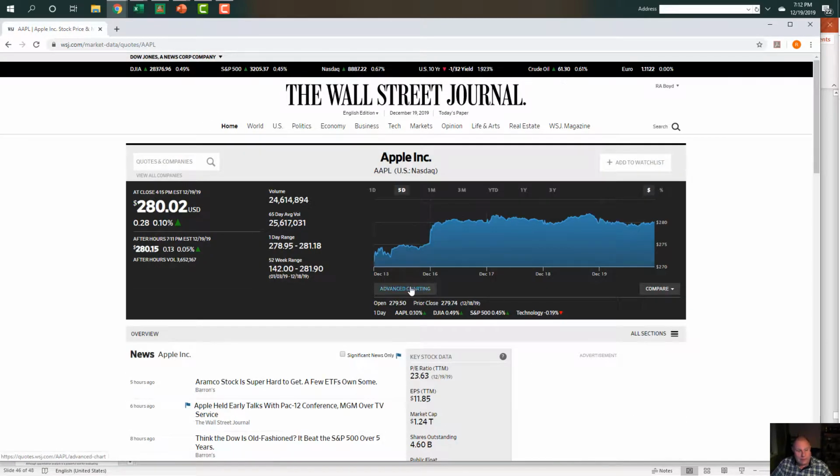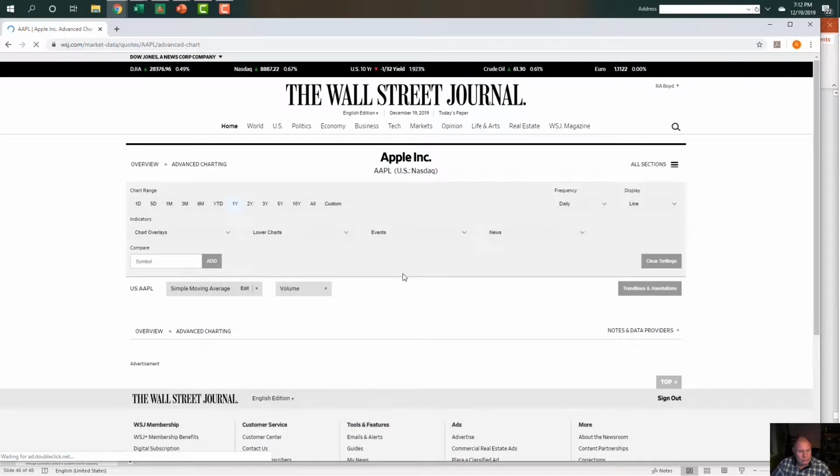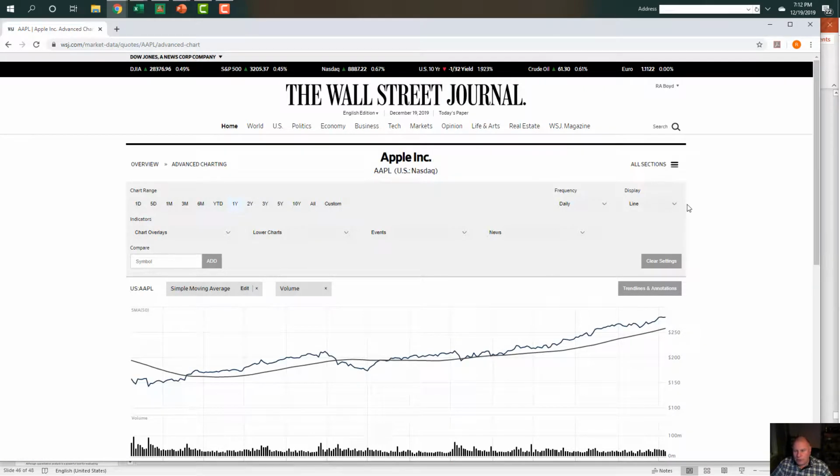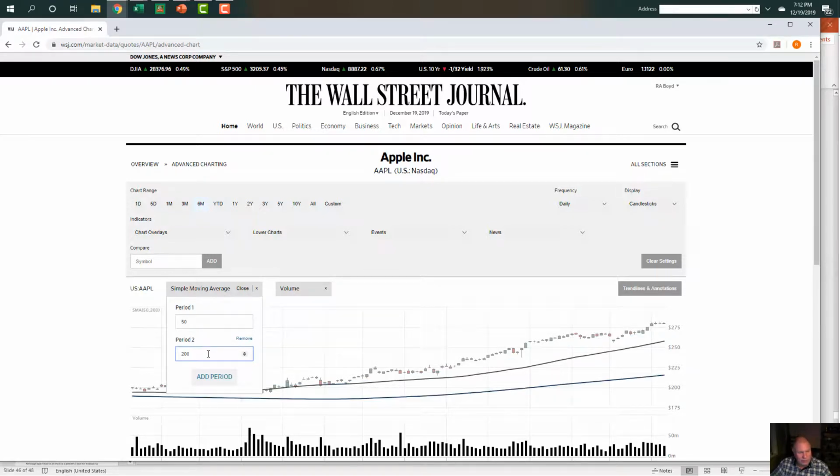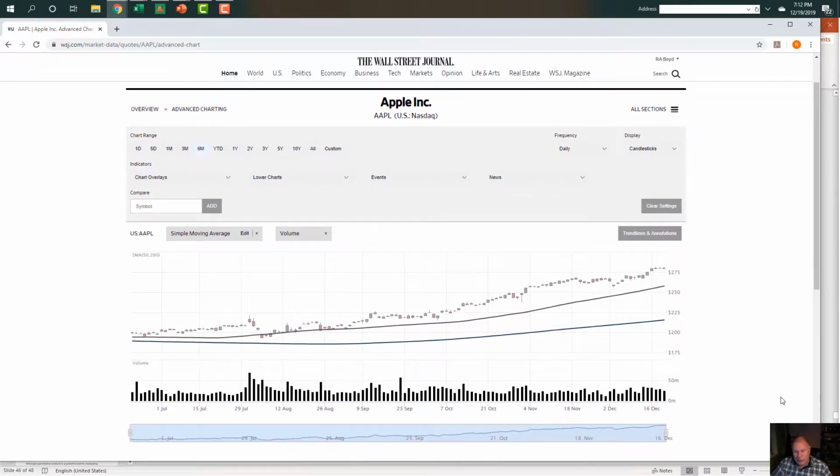We go to advanced, change it over to candlestick, do it on a 6-month basis, and add a 200-day period in. We already have the volume in, and the relative strength did stay in.